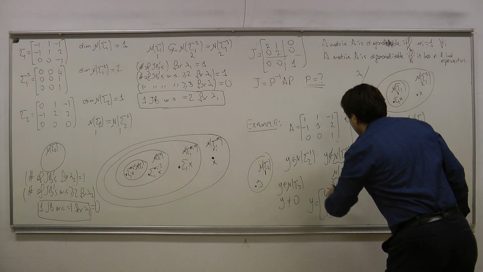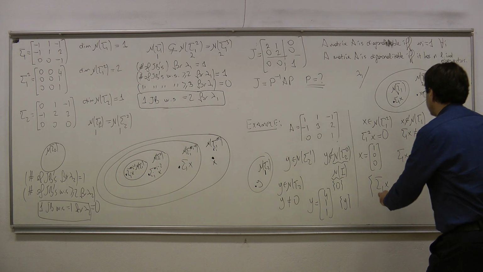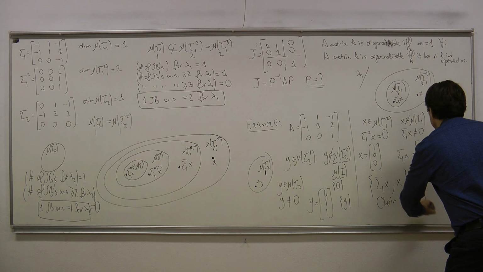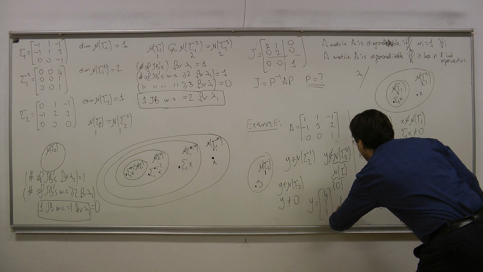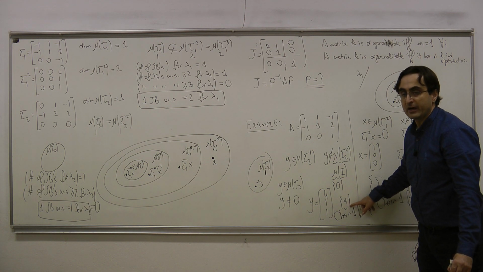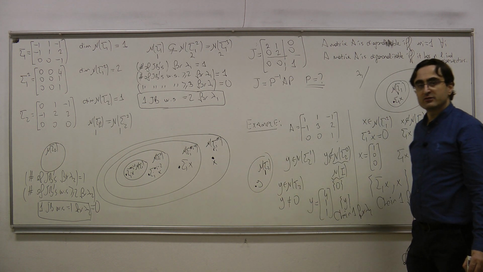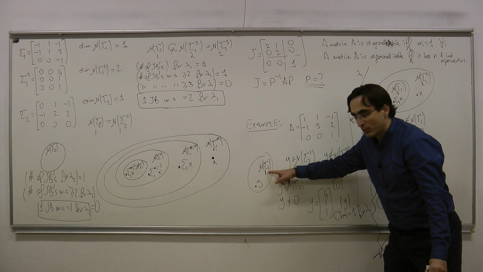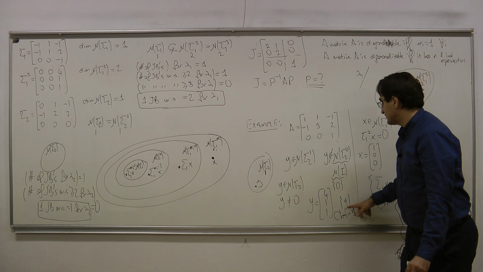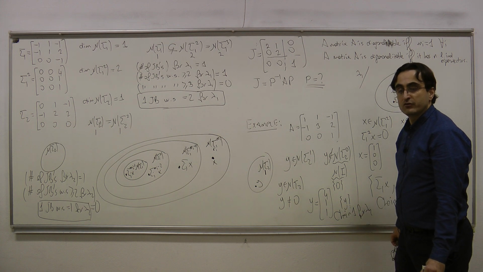So this is my chain 1 for lambda 1, and this is my chain 1 for lambda 2. Do you think this single chain forms a basis for this largest null space? Yes, its dimension is 1, and I found a non-zero vector inside that null space, which means I have found my basis set with a single chain.